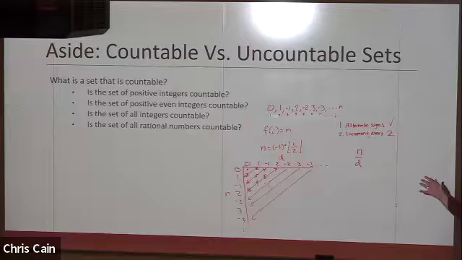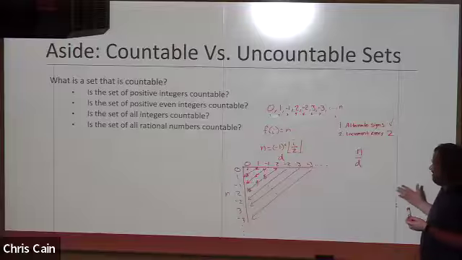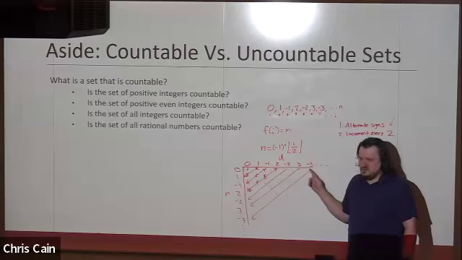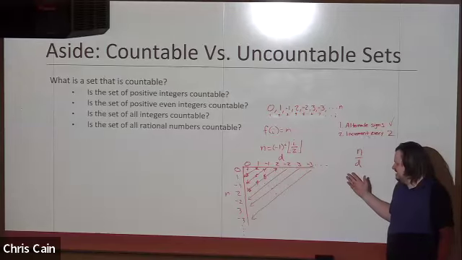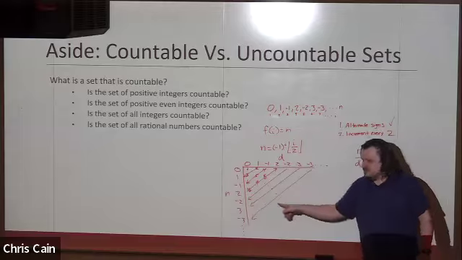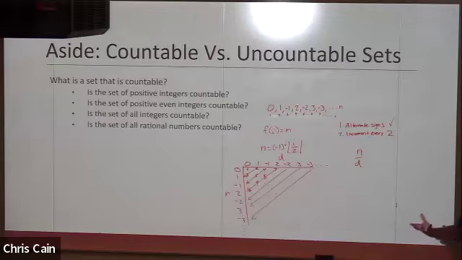Do note that some of these fractions end up being the same value, like 0 over 1, 0 over -1, 0 over 2, those all are 0. And 1 over 2, 2 over 4, 3 over 6. There are an infinite number in this table of every possible rational number. And that is strange to think about.